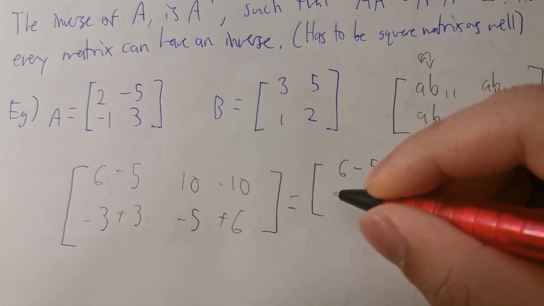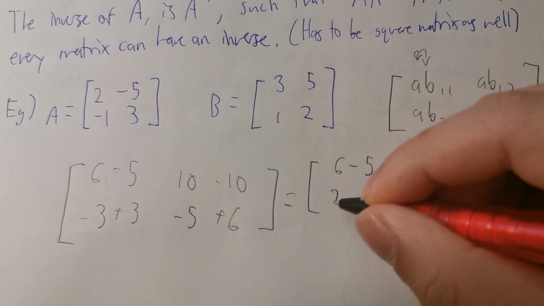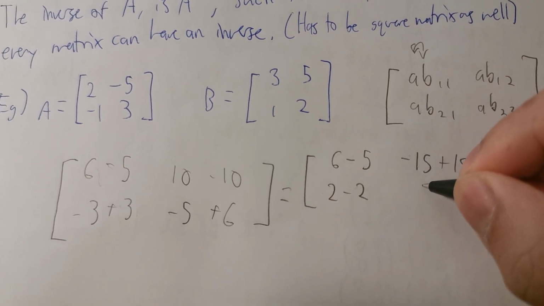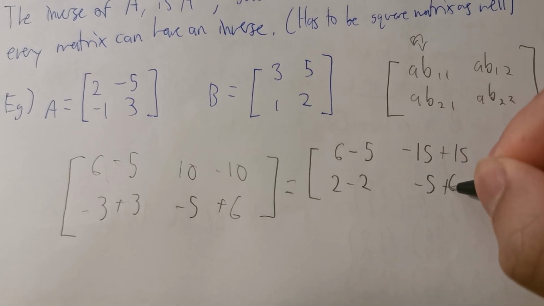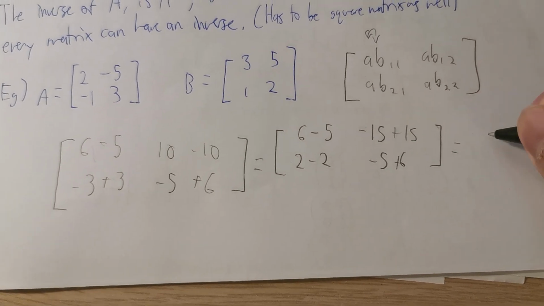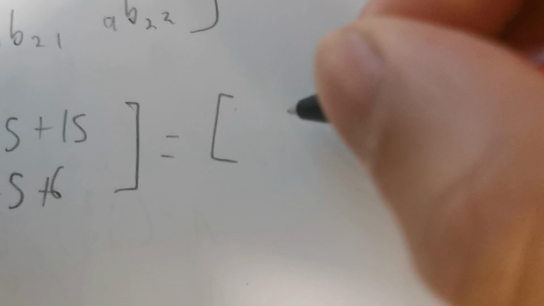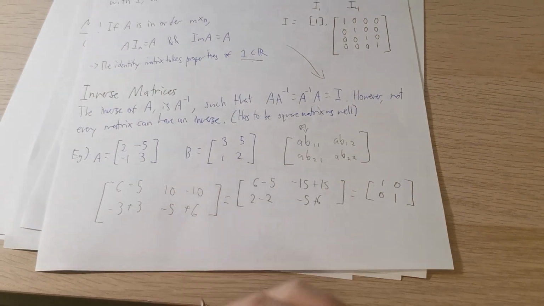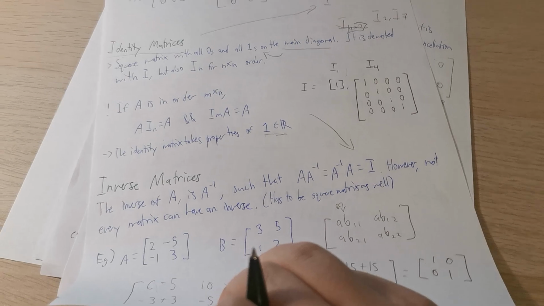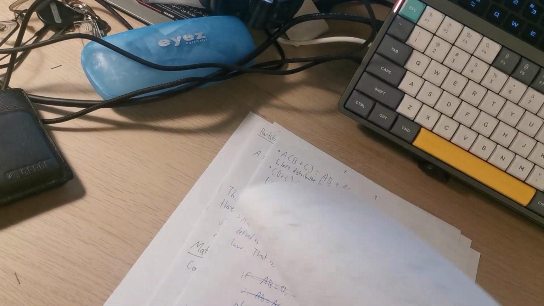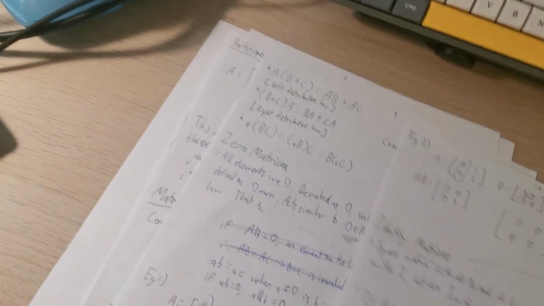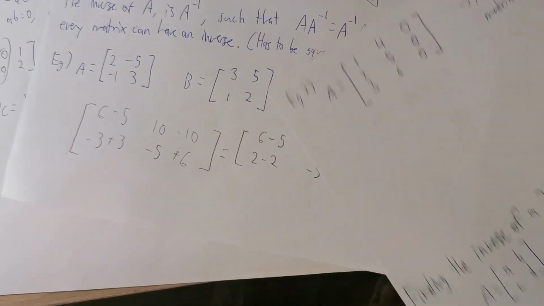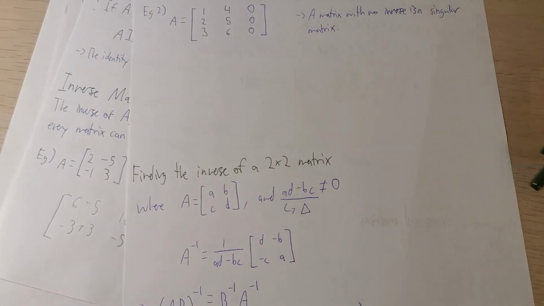This should give 2 minus 2, and the last one is minus 5 plus 6. So either way we do it, the answer is the identity matrix, 1001. Bam. So yeah, those are inverse matrices.